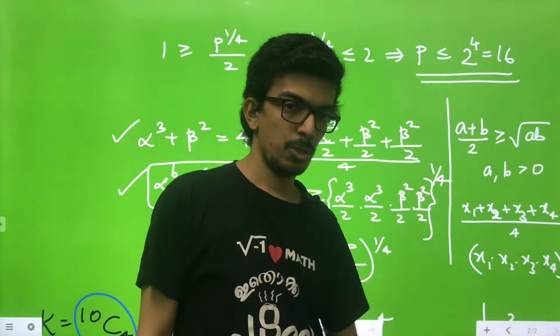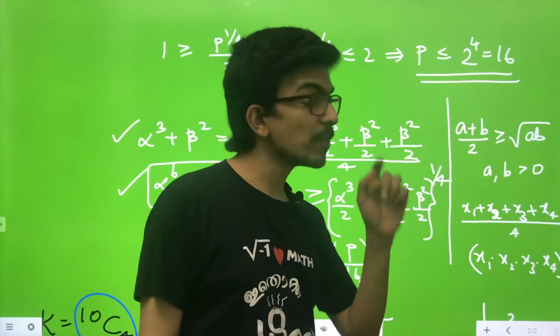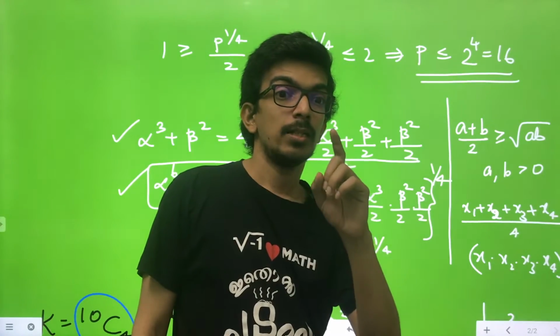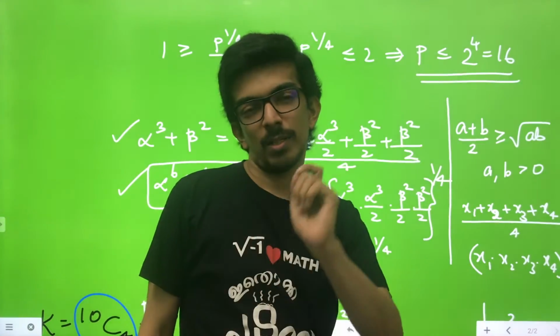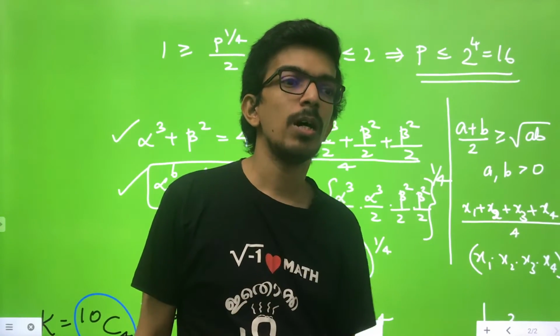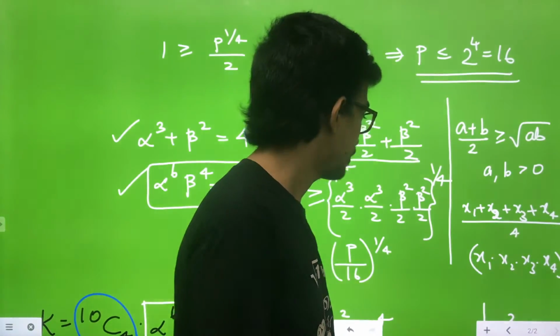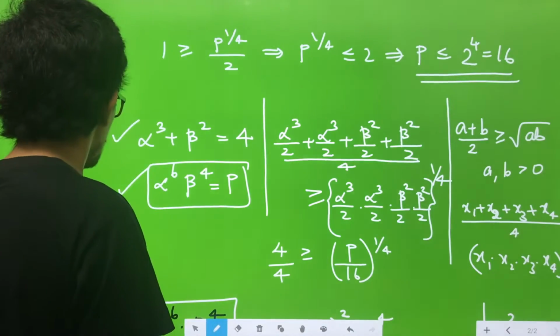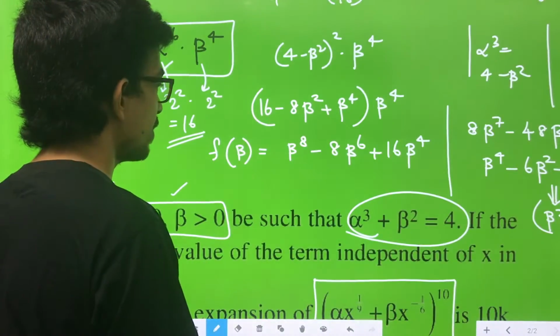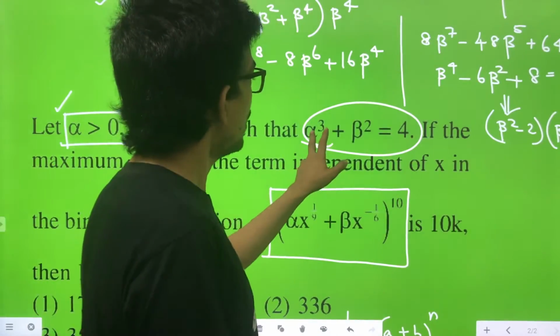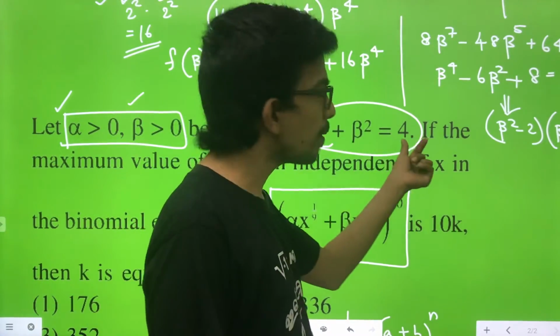So the first method was calculus, the second method was the AM-GM inequality. There is one more way. If you have very good observation, there is a very easy way to arrive at the answer. Here we have the sum of two numbers equal to 4.